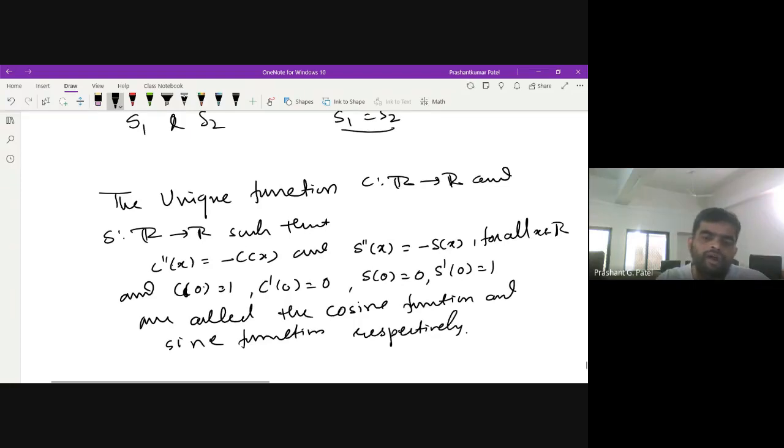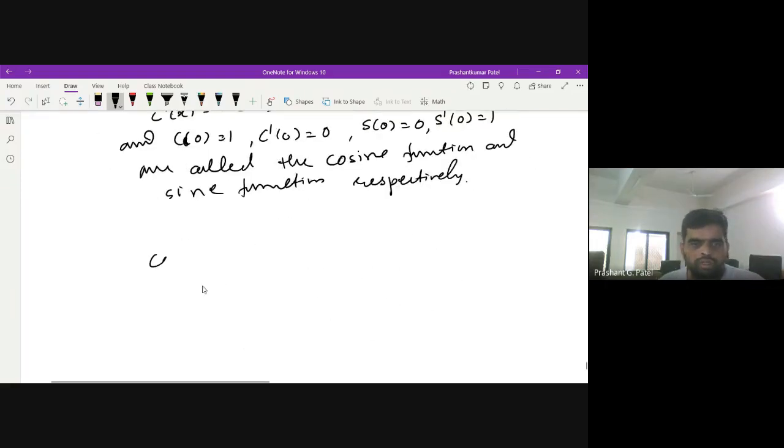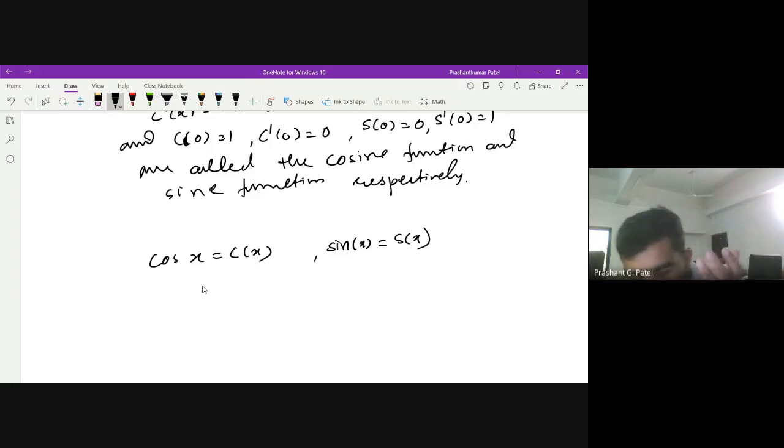And it is denoted, as our usual notation, by cos of x equal to C of x and sine of x equal to S of x. And then there are various properties of the sine and cosine functions that I am giving you as homework, or if some of you are interested in giving a presentation on that, you can prepare it and make a video on it, and that is treated as your presentation.